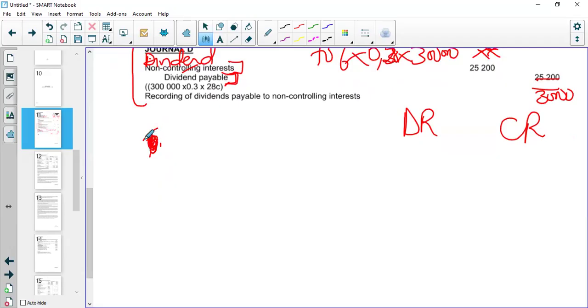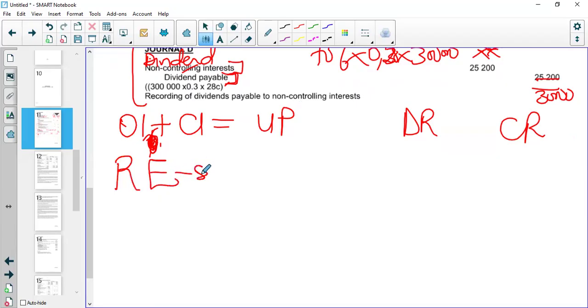If there is unrealized profit in opening and closing inventory, you start by affecting the retained earnings of the seller, because the seller last year already recorded the profit, and that profit is sitting in the retained earnings of the seller. So when we open the year, we say your retained earnings are too much because you have recorded some amount as profit, but it's not yet profit.